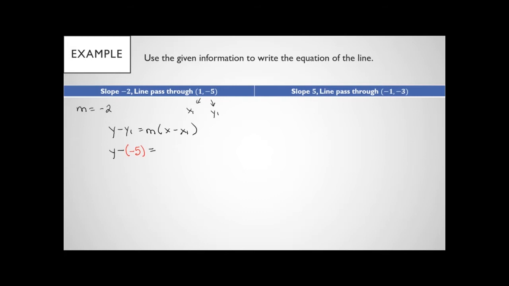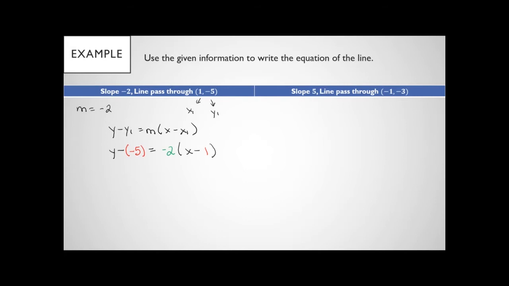And then we have our slope, which is -2. So I'm going to plug that in for m. And then we have x minus x1, and x1 is 1. So we're subtracting 1. So we have y minus -5 equals -2 times x minus 1.